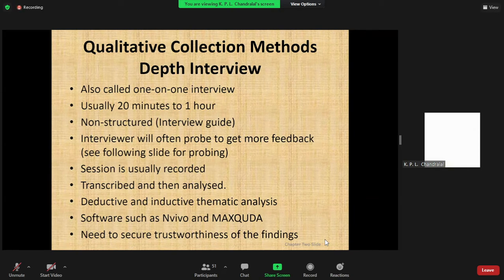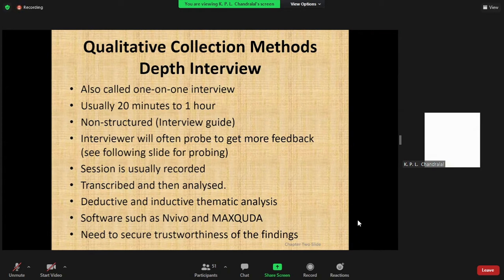Thematic analysis means, if you are a qualitative researcher, first you need to read these transcripts at least three times. Once you transcribe the answers of the participants, you have these transcripts, the documents.